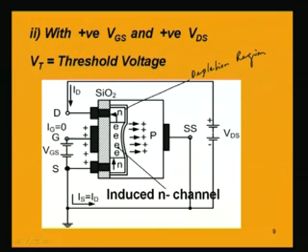So, now ID is flowing because of the existence of this induced N channel in between the two N type semiconductors, which are the source and the drain, and this current will flow through the source and end here.